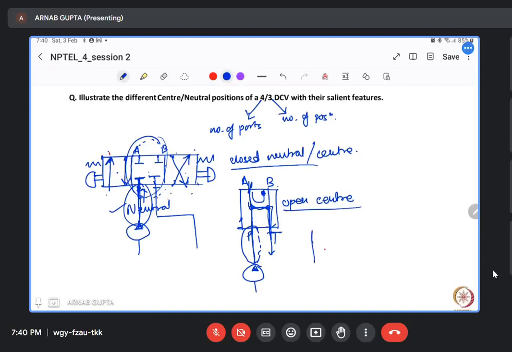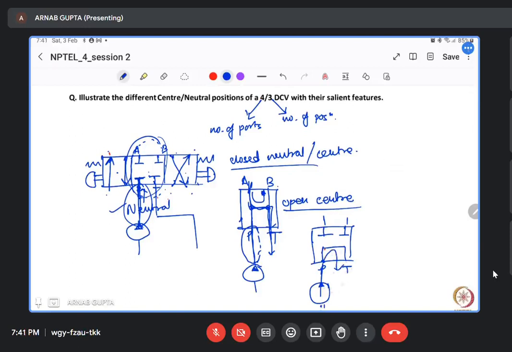Next, what other centers are available? You have a tandem center. This is the tandem center. Here you can see that if you want to lock the position of the cylinder, then this is possible, because even when you have not activated this particular direction control valve, the motor will continuously pump and that will go into the tank.